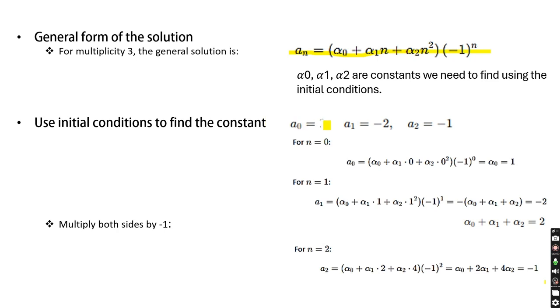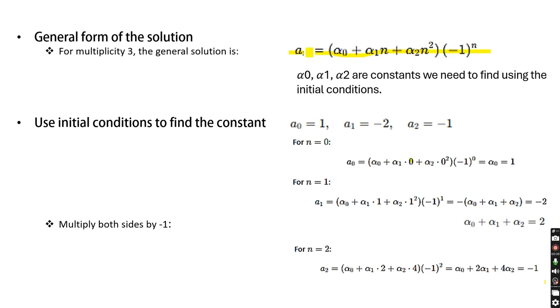So, our a0 is equals to 1, and then our a1 is equals to negative 2, and then ang a2 is equals to negative 1. So, these are our initial na mga conditions. And then, our n is equals to 0. So, a0 is equals to A0 plus A1 times 0 since our n is equals to 0.